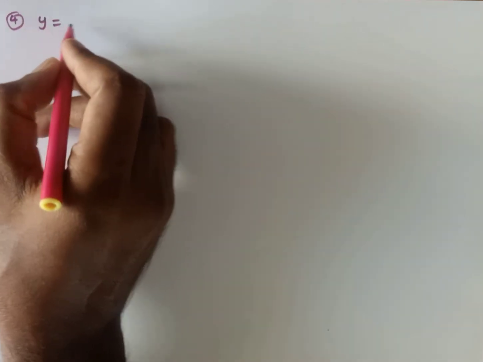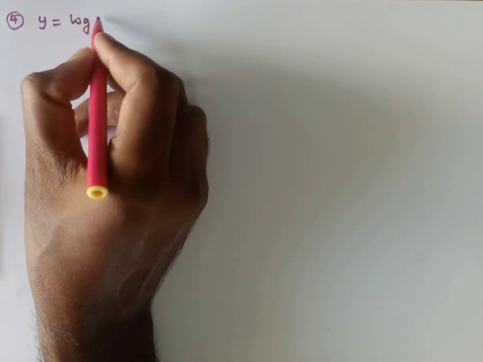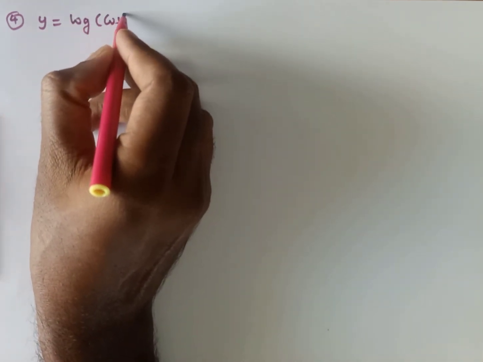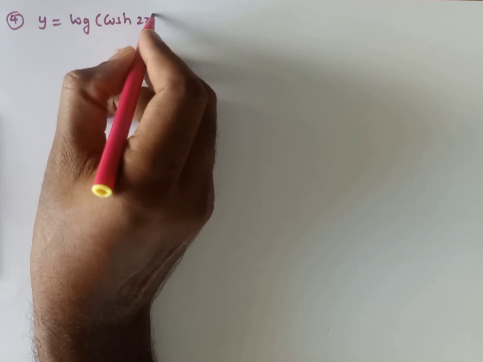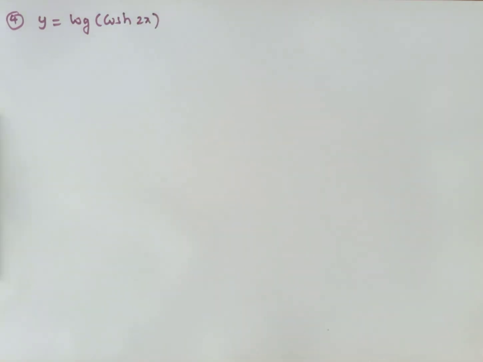So y equals log of cos h of 2x. Find the derivative of this function.